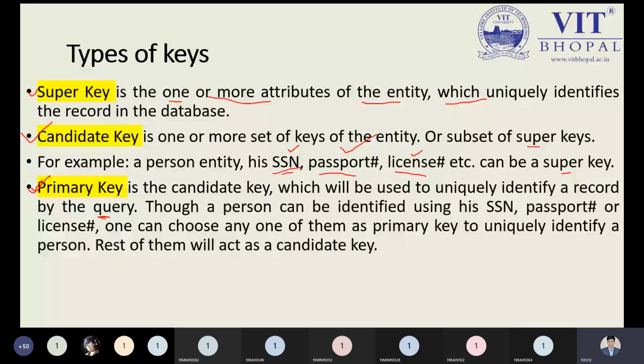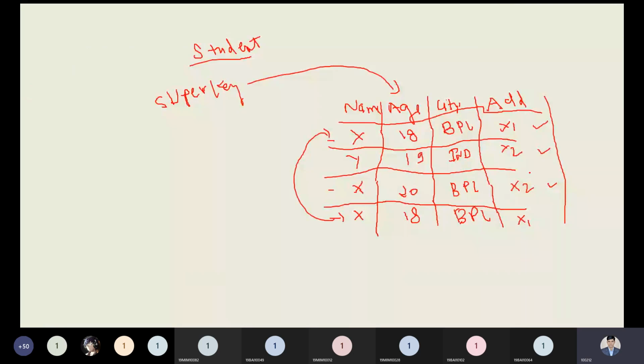The candidate key is a set of more keys, and with it we need to distinguish each record in a different pattern. Like I am giving hostels to students, say a student belongs to hostel H. This student belongs to room number 123, this student also belongs to 123, and this other student belongs to room 456.